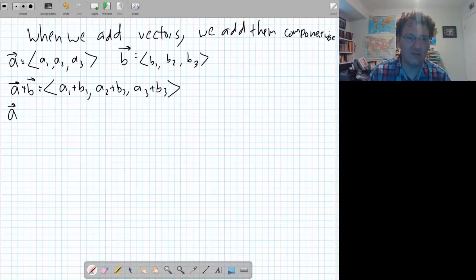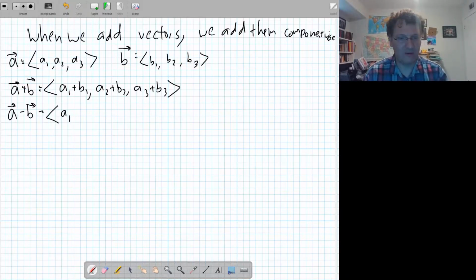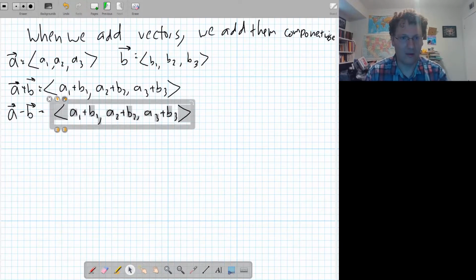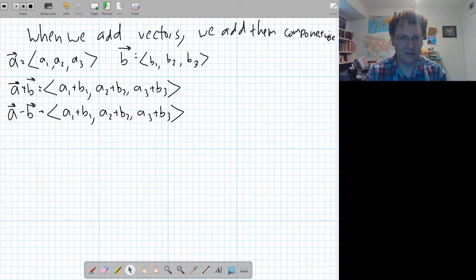Okay. Vector subtraction, you'll be subtracting component-wise. You know what I'm going to do? I'm going to be a little bit lazy. I'm going to just select this and copy it. I'm going to just change these things into subtraction signs. All right.